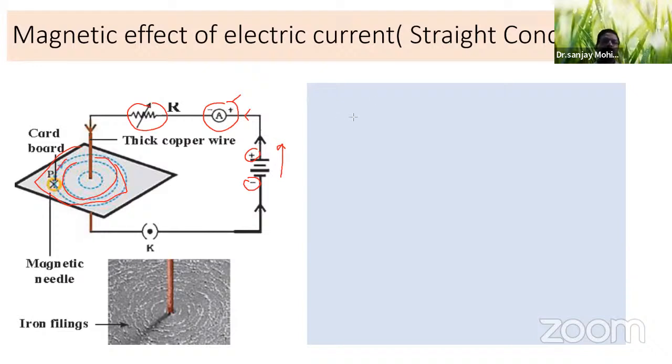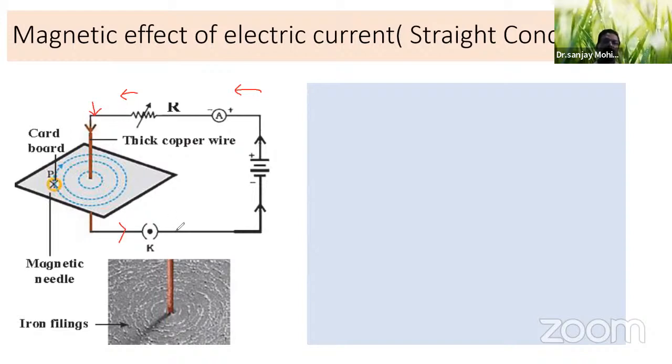So what can we observe in this particular diagram? We observe that the direction of current is anti-clockwise. This is the direction of current.